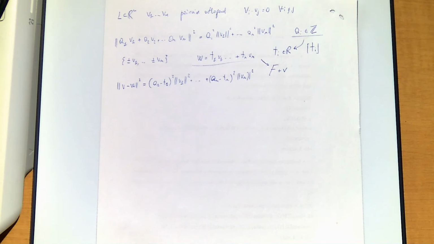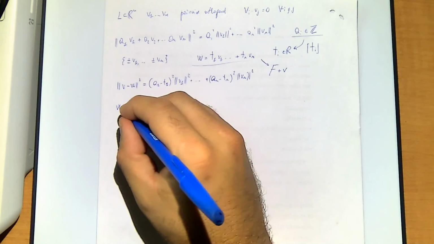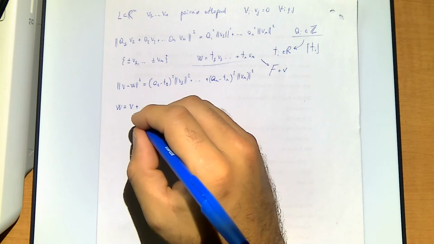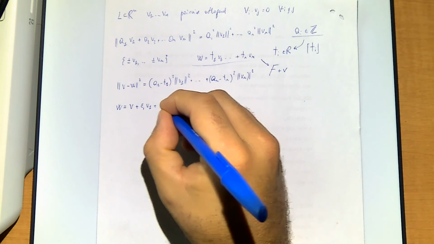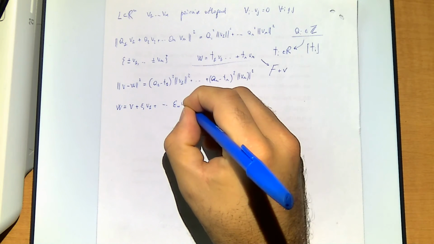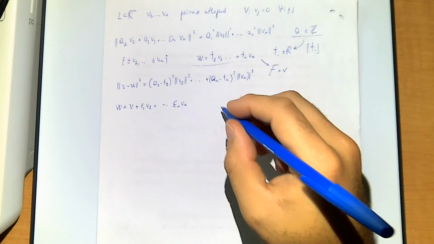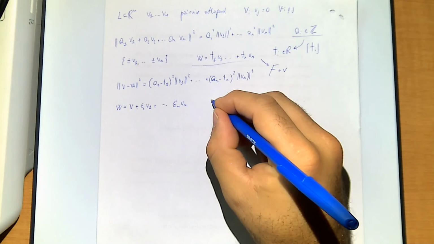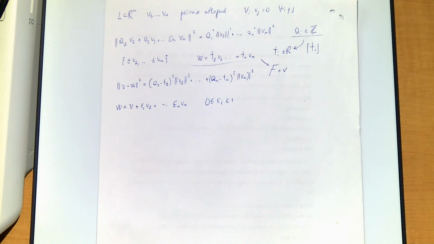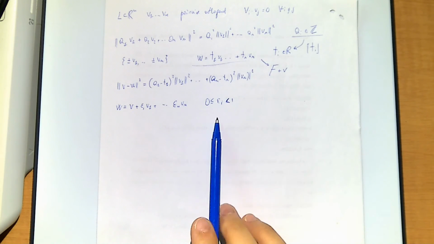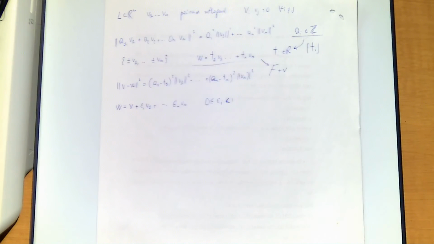So we can write w as v plus epsilon_1 v_1 plus ... plus epsilon_n v_n, and all these epsilon_i's are between 0 and 1, actually strictly less than 1. And so we take epsilon_i to be 0 if it's, for example, less than a half, and we put 1 if it's greater or equal than a half.